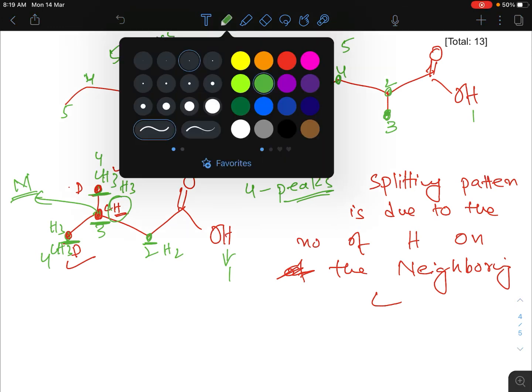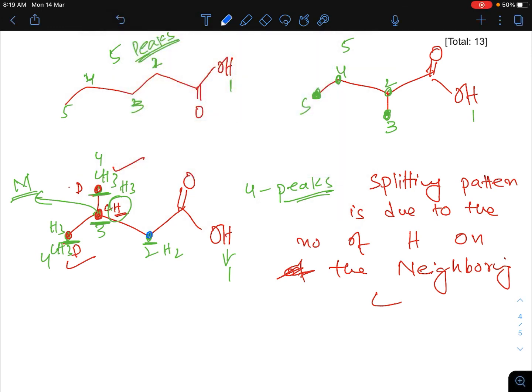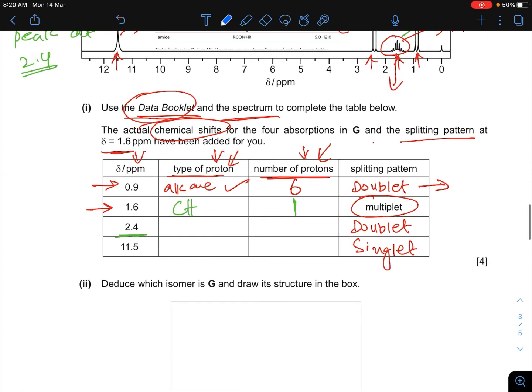If we look at this carbon here, this has 2 hydrogen atoms. This is CH2, and it is attached to this carbon atom which has only 1 hydrogen. So it would definitely give a doublet. And on the right side, there are no hydrogens. So this CH2 would give a doublet, with 2 protons responsible. So type of proton is CH2 and number of protons is 2.